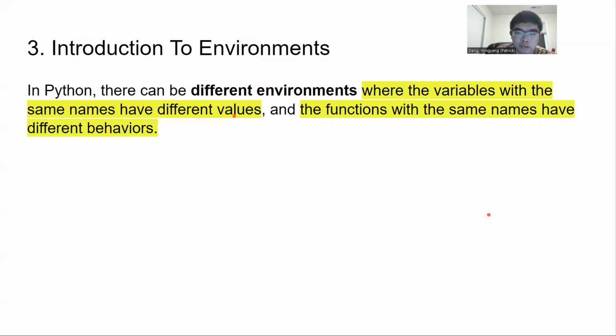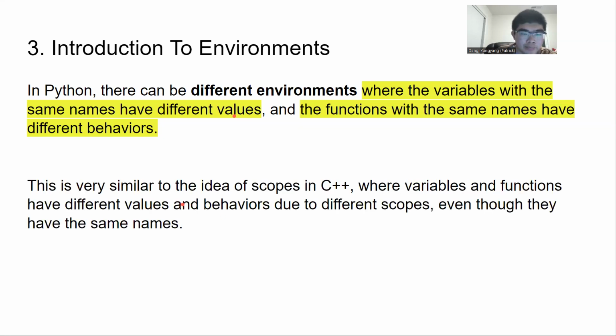But you're not going to say the two cities are the same based only on their same name. This is basically the same idea. So when you're in a different environment, even though you have two names which are the same, it doesn't mean they are the same thing, so you have to be very careful about it. And this is very similar to the idea of scope in C++.